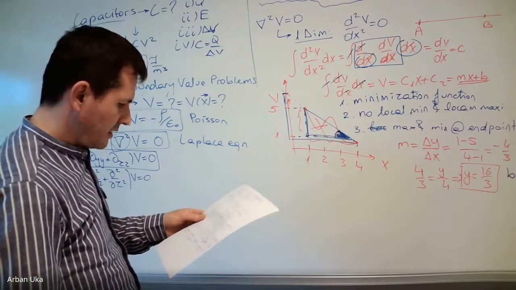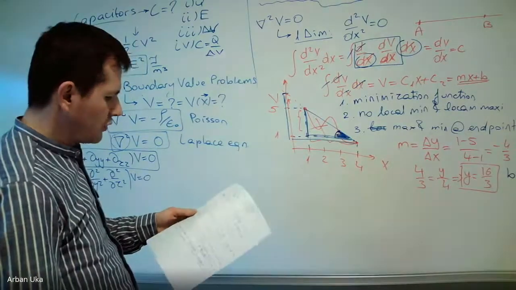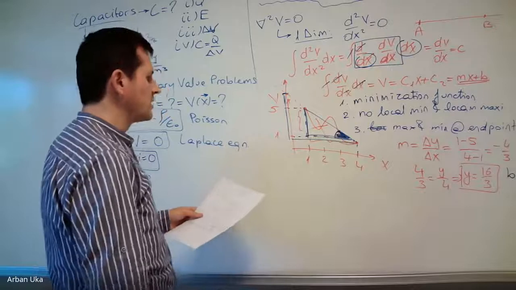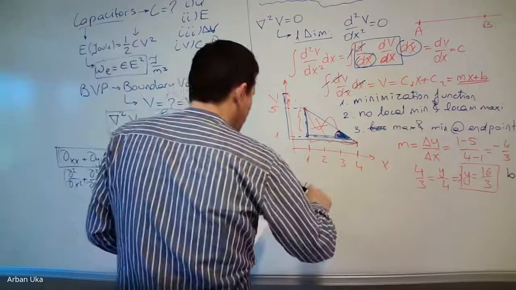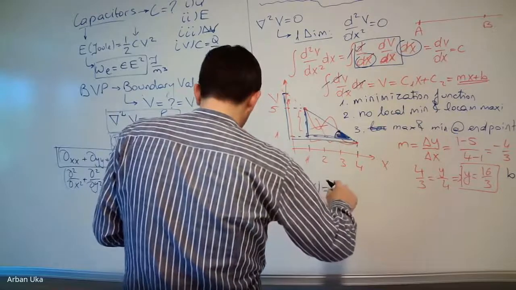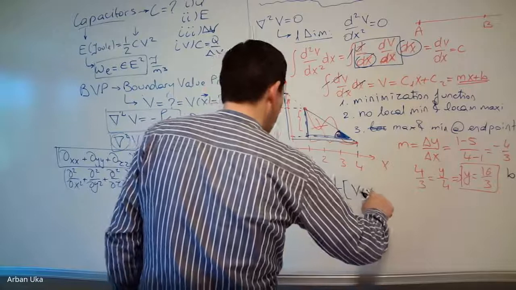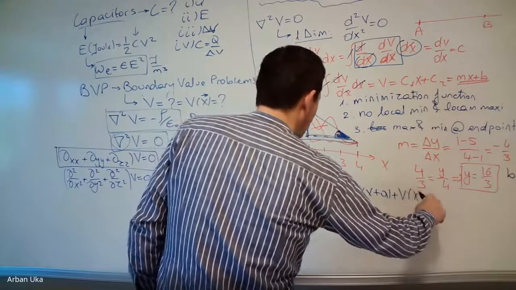Another thing that we can mention here is that the solution of the Laplacian, in this case, is always the average. So V(x), it's better if I write it like this, can be written as 1 over 2 times the potential at x plus a plus the potential at x minus a.